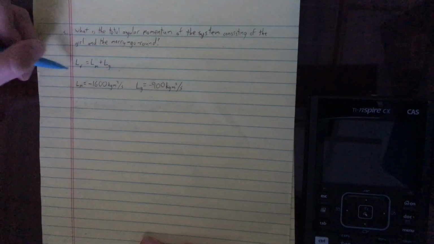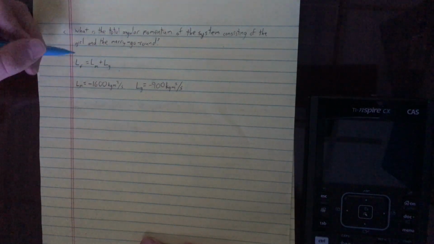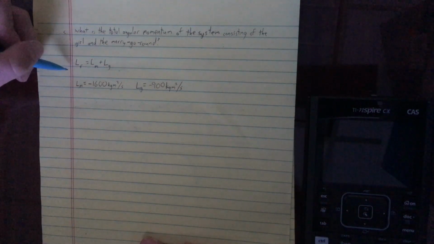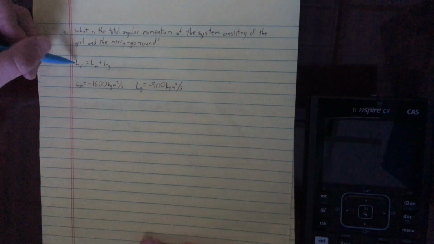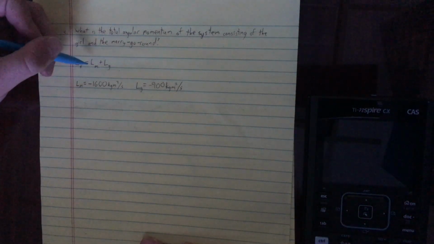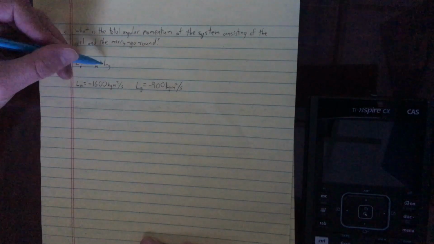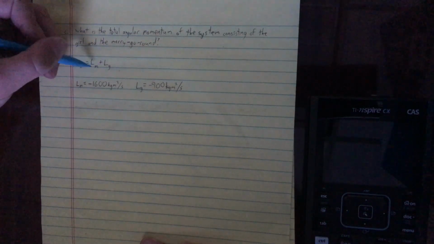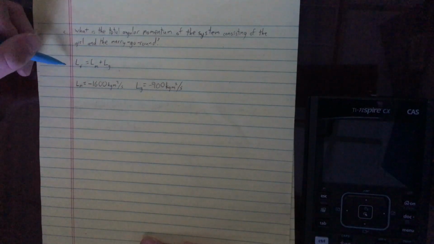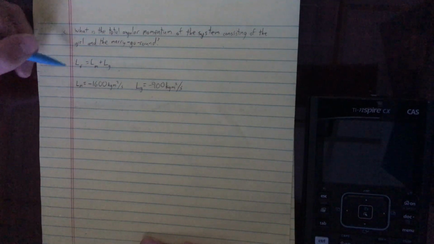And we'll get that total angular momentum, which will be a constant value throughout this problem because of the law of conservation of angular momentum. So it doesn't matter if we take the angular momentums of the merry-go-round and the girl before she hops onto the merry-go-round or after. This LF, this total angular momentum, it'll be the same no matter what.